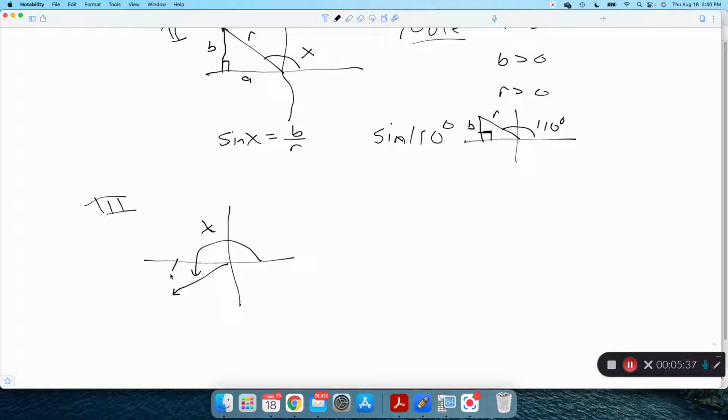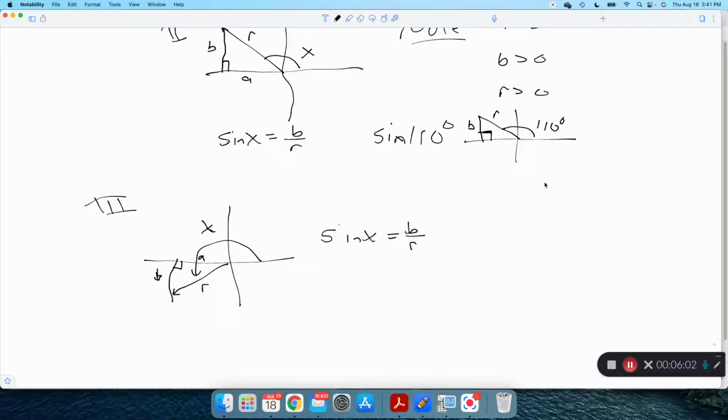Well, we're going to draw this little reference triangle here that lives against the horizontal axis. And again, my horizontal line here will be A, the vertical will be B, and the hypotenuse will be R. And it's the same definition. Sine of X will be B over R.